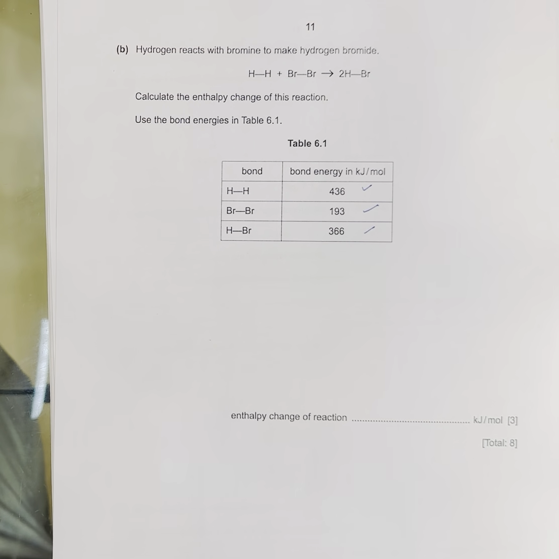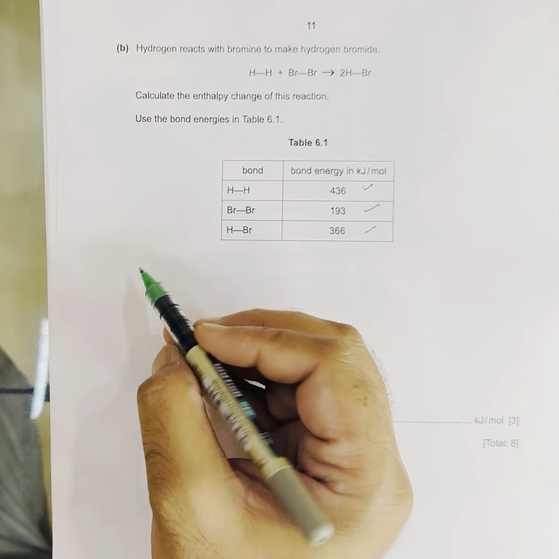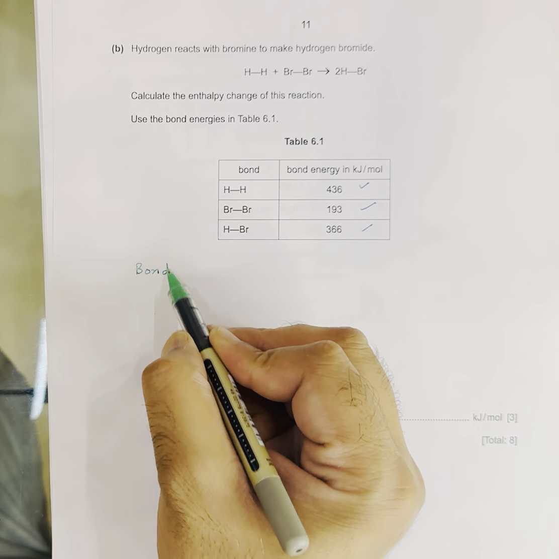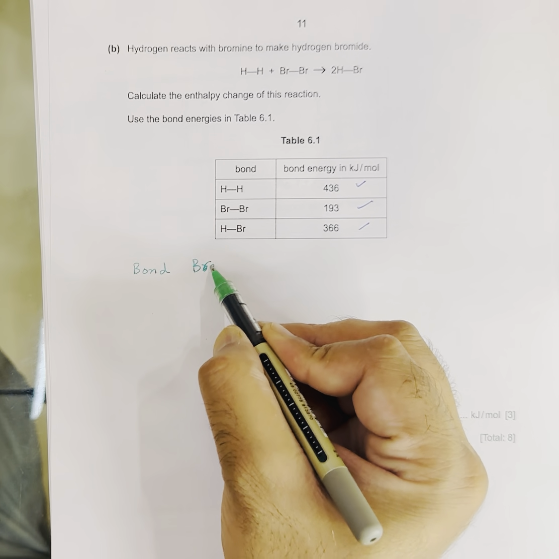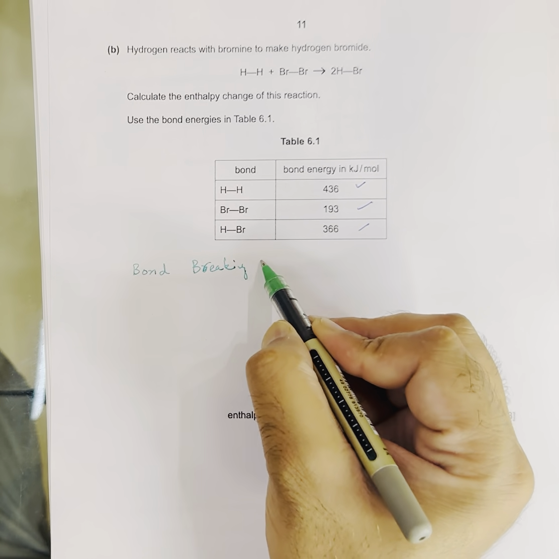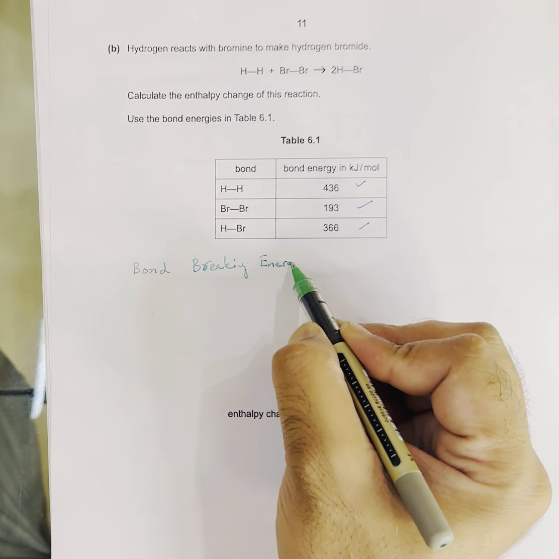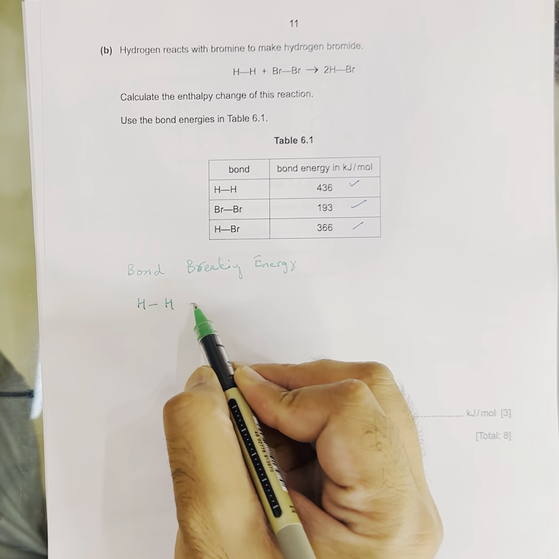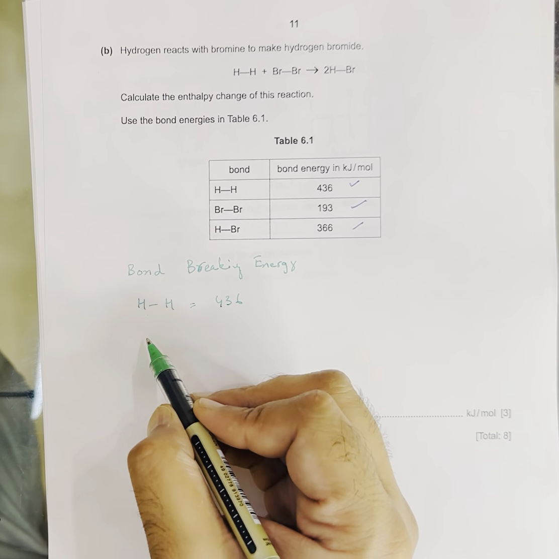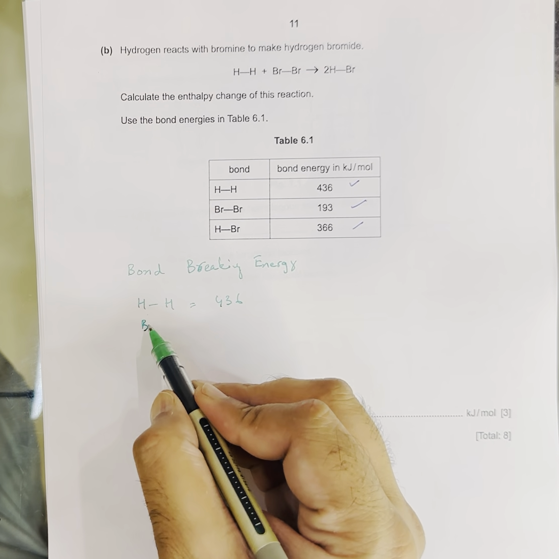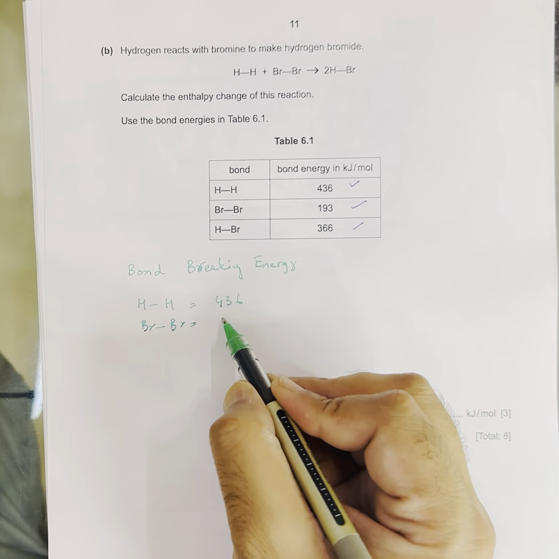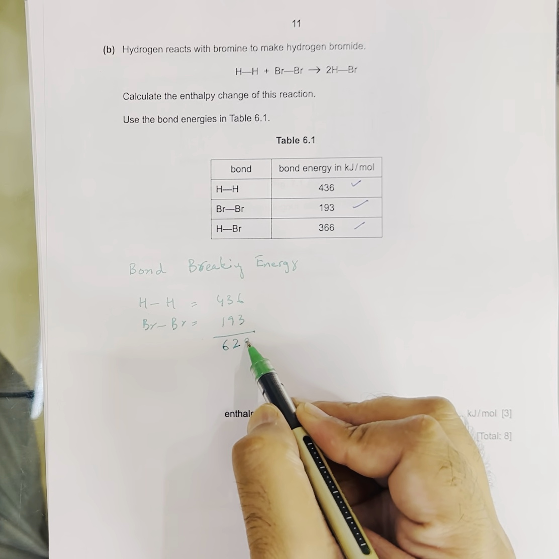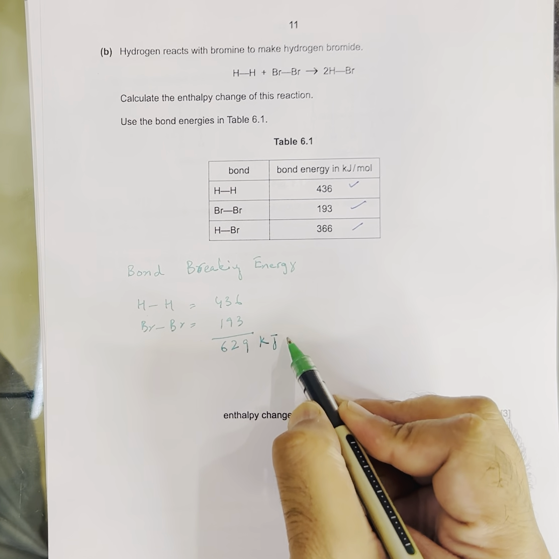So we need to calculate two types of energy. First we will show the bond breaking energy. This is how we're going to calculate. The hydrogen-hydrogen bond has 436, and the bromine-bromine bond has 193 amount of energy. We need to total, that would be 629 kilojoule per mole.